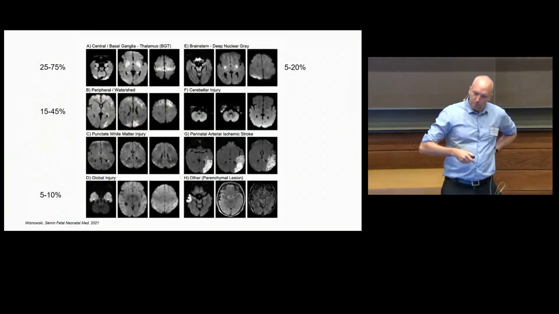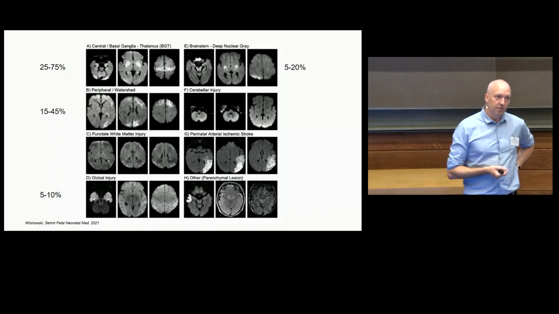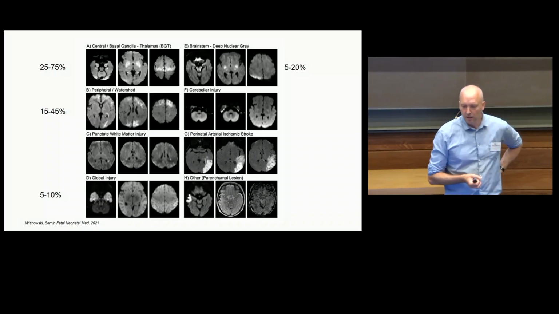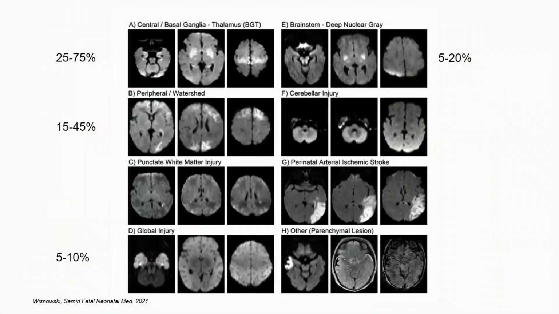This is a very busy slide, but also just tells you what kind of diffusion changes are seen after HIE. So 25 to 75% have diffusion changes in the basal ganglia that we also saw in the T1 images. So you can have that even with a totally normal anatomical or T1, T2 MRI.